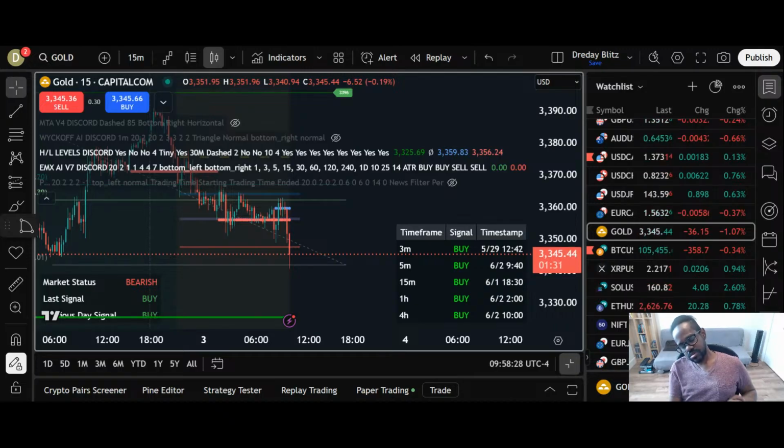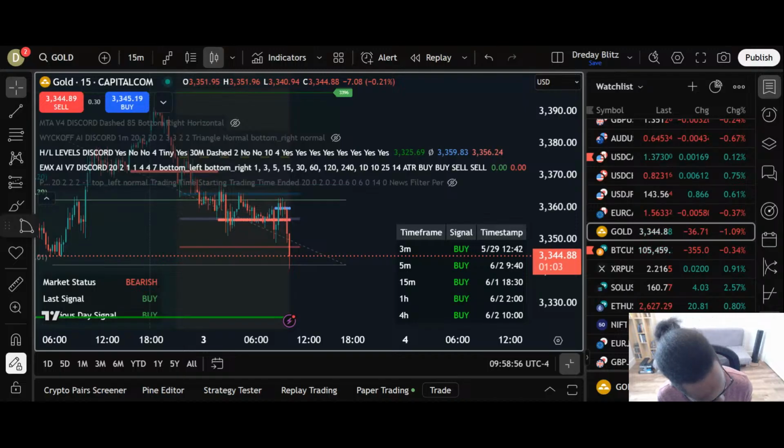If you want to increase your lot size, you're able to do so, but make sure you do that accordingly. But as long as you follow the process here that I'm showing on lives, you should be good overall.